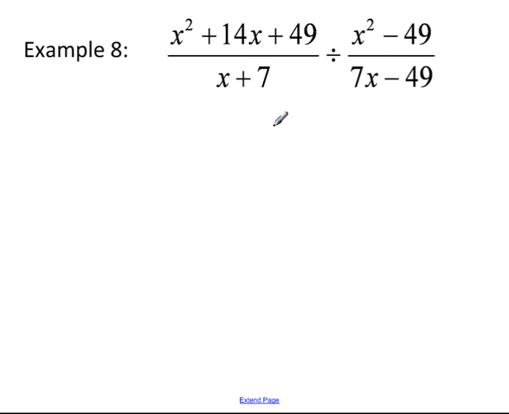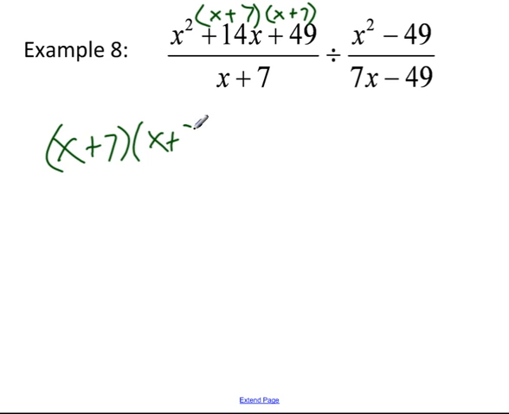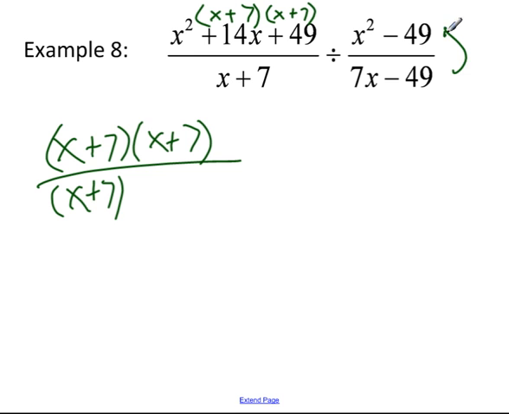So, I'm going to factor this guy right here. What does he make? That's x plus 7 and 7, right? X plus 7, x plus 7, look at that. So we got x plus 7, x plus 7. And on the bottom we still have x plus 7. Alright, now these ones are going to flip.